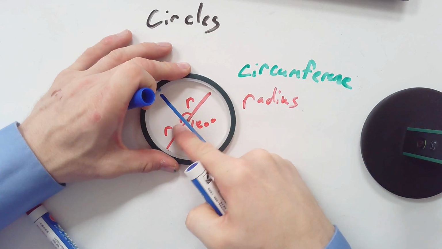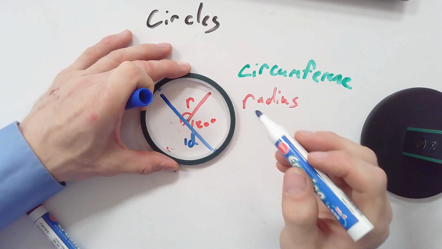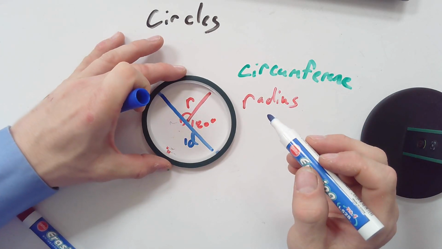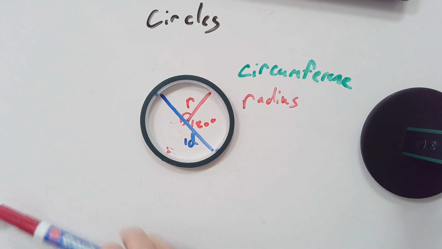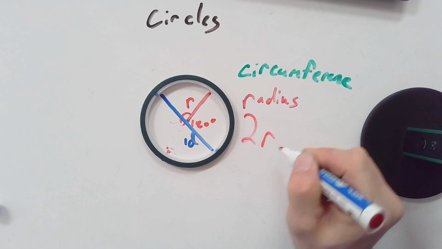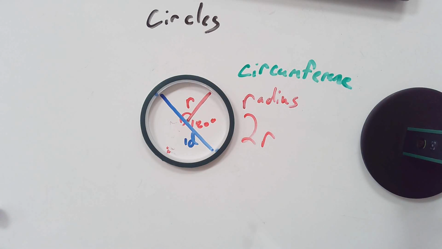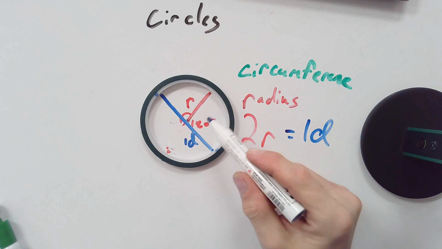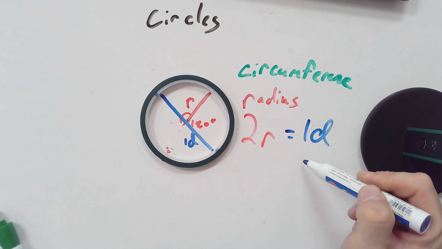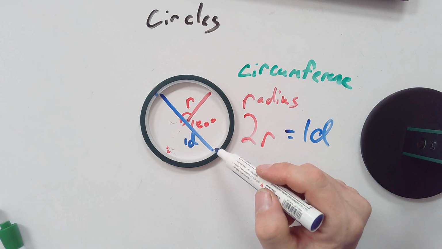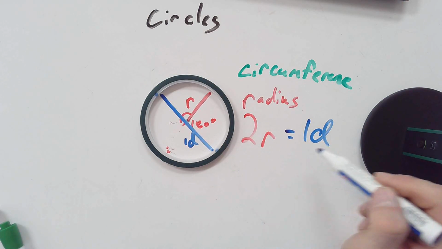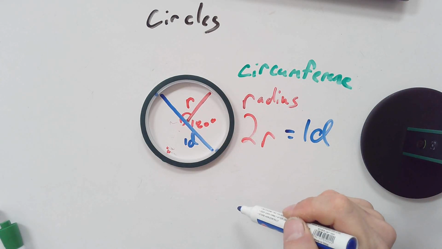So you can say that two radii is equal to one diameter. If you have the length of the radius, you double it, you get the diameter. If you have the length of the diameter, you divide it by 2 and you'll get the radius.